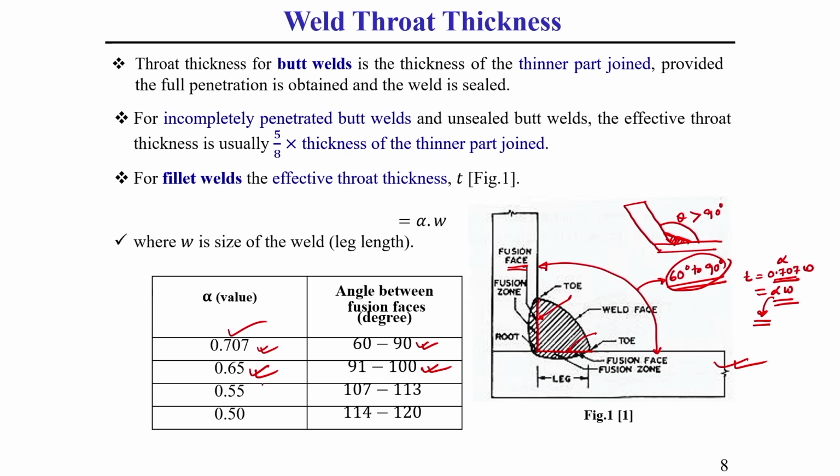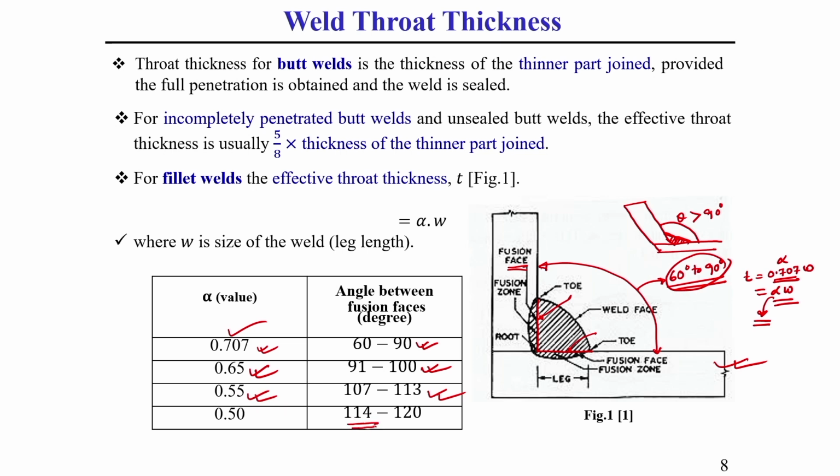According to some international standard, we consider 0.65. If the angle is further more, 107 to 113, then this value will be further reduced to 0.55.